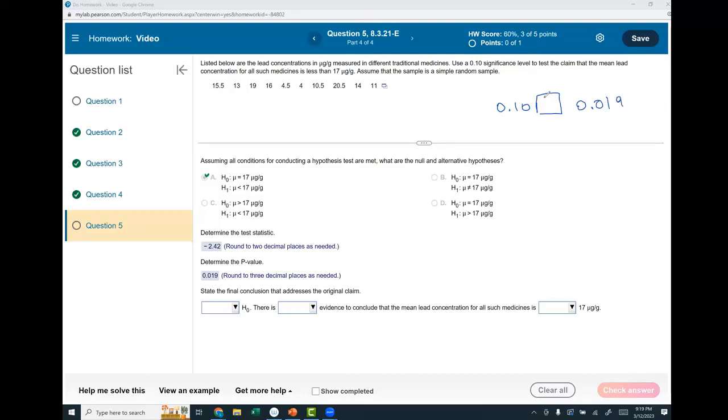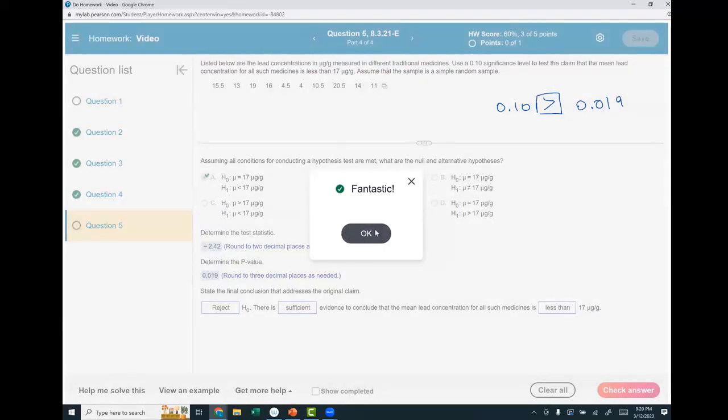Well, we can see that our p-value is smaller than our alpha. So again, we reject the null hypothesis because it's in the rejection area. So reject H0. There is sufficient evidence to conclude that the mean lead concentration for all medicines is less than 17. And there you have it.